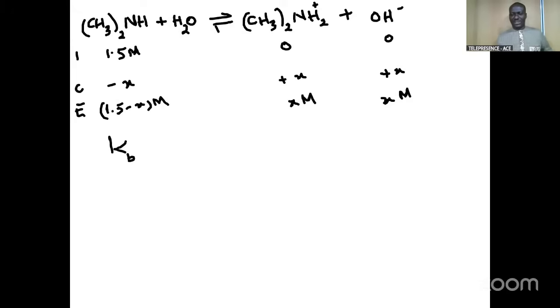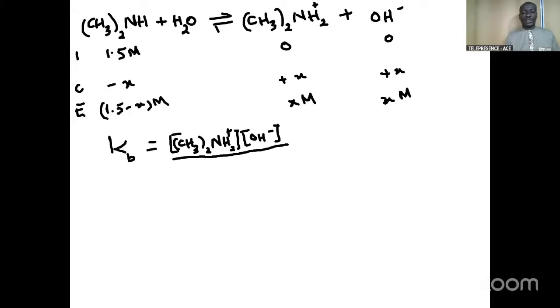That becomes [(CH3)2NH2 plus][OH minus] over the undissociated base [(CH3)2NH].